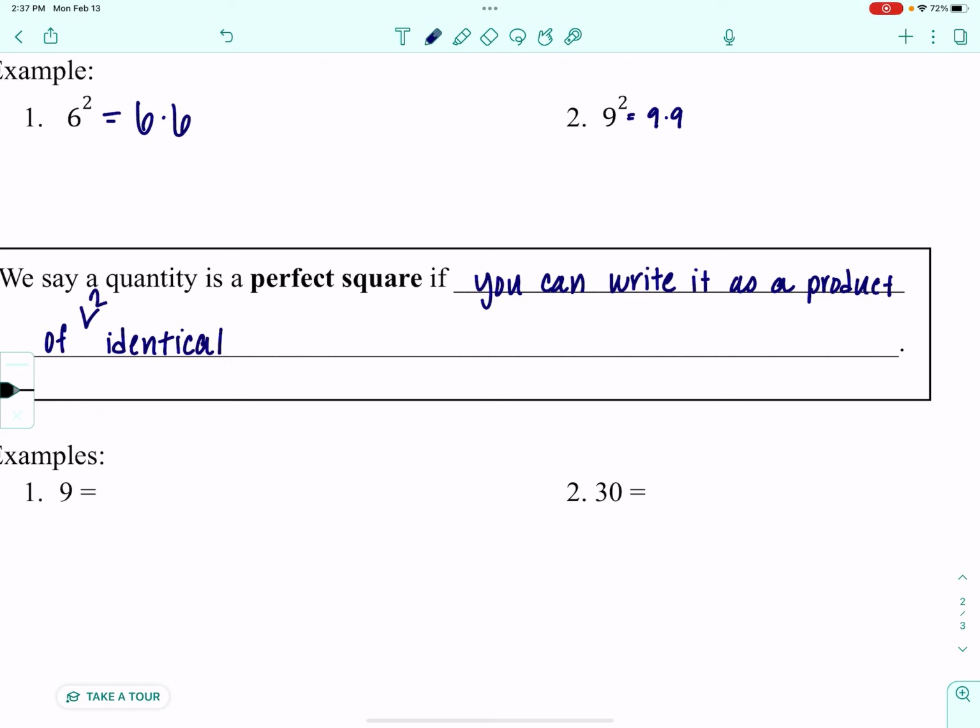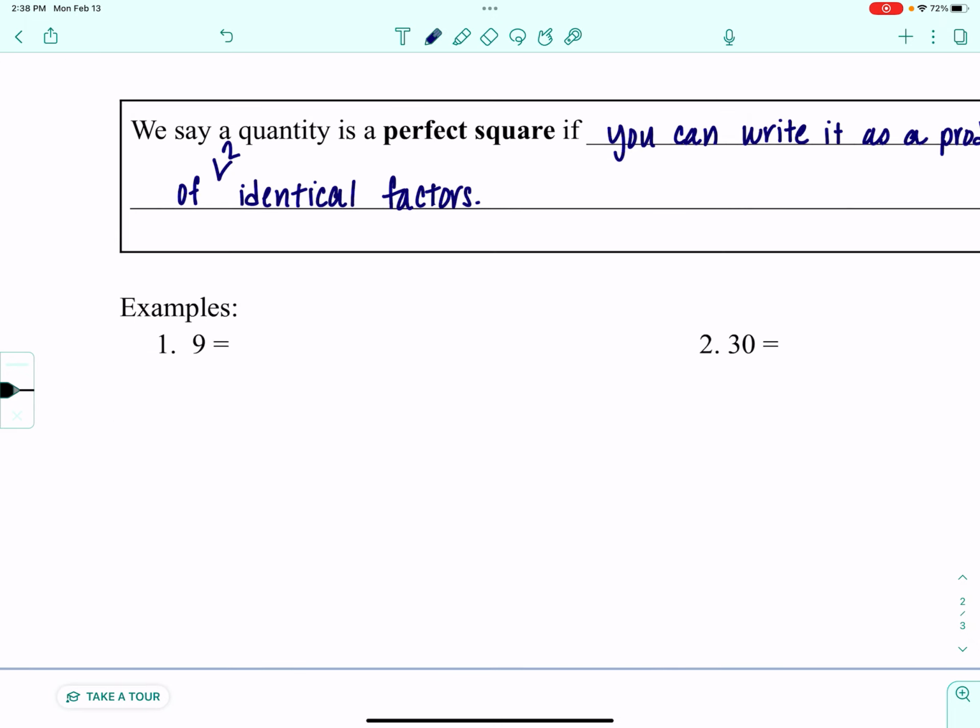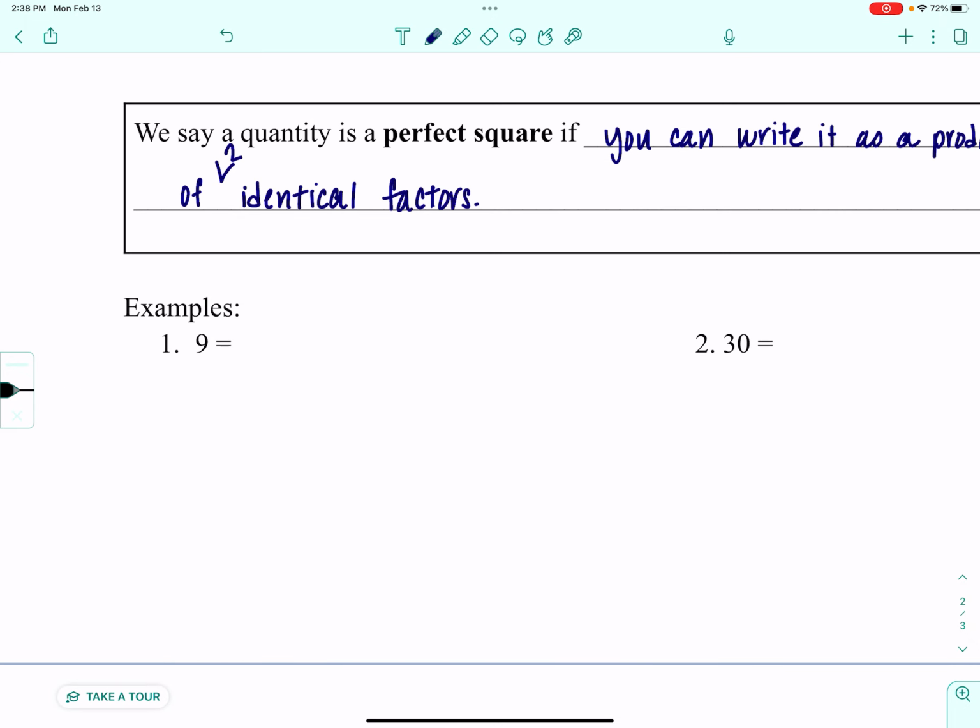We need to put a 2 in there: a product of 2 identical factors. So for example, I know 9 can be written as 3 times 3. So yes, 9 is a perfect square.